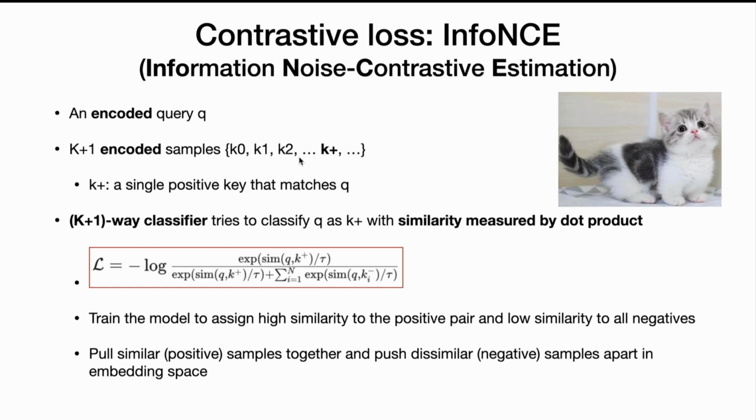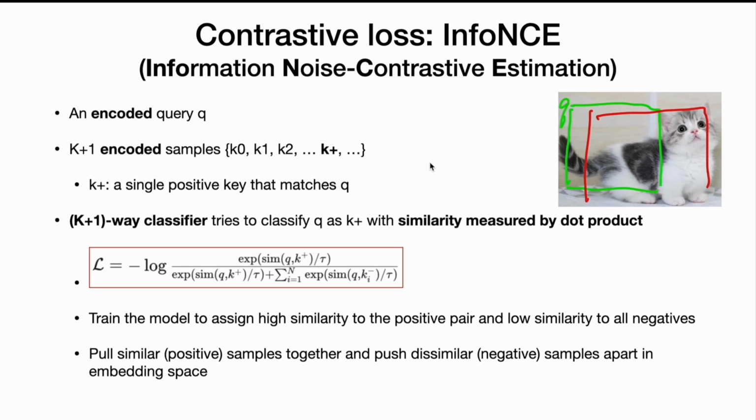So what does this mean? Why do we have a list of samples? Because we have two versions of the same image. For example, for the same image, we have one version like this, maybe this is a query, and we have another version like this.